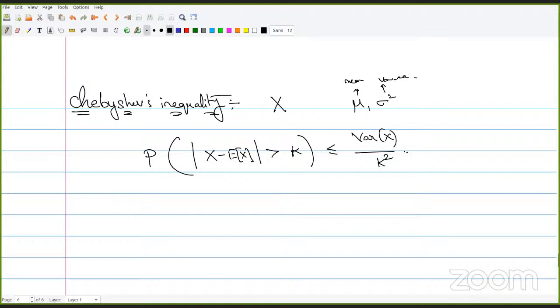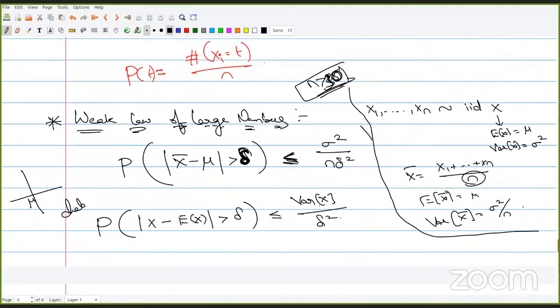Right? This is what Chebyshev's inequality is. Correct?